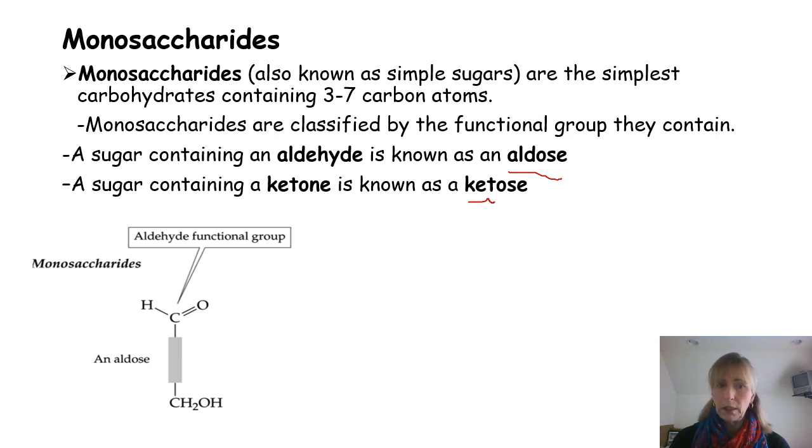There could be some more in here, and there's another one here. All right, so minimally it has to have another one in the center. Okay, that would be 3, and it could have as many as 5 in the center. All right, but what we're looking at here is the functional group. You recognize here the aldehyde functional group. And if your monosaccharide has an aldehyde functional group, we call it an aldose.